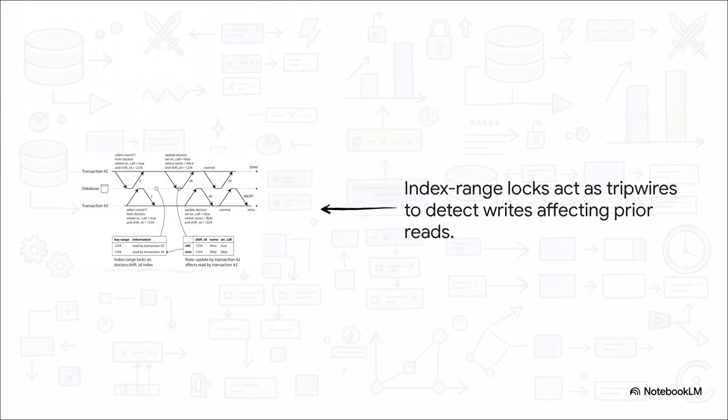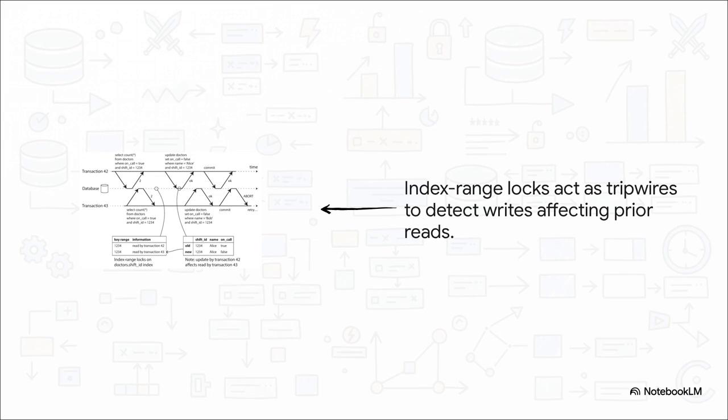The database also has to handle the exact reverse scenario. What if another transaction modifies data immediately after you read it? To do this efficiently, SSI uses something called index range locks. But listen, unlike the heavy, paralyzing locks we saw in two-phase locking, these don't block anything. They basically just act as sticky notes or notifications attached to a search index.